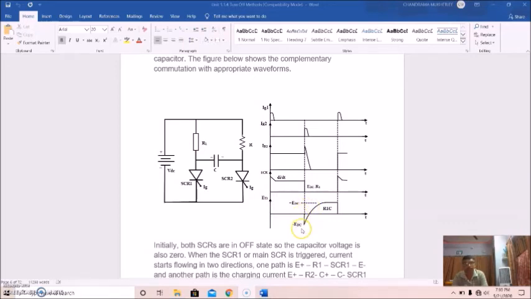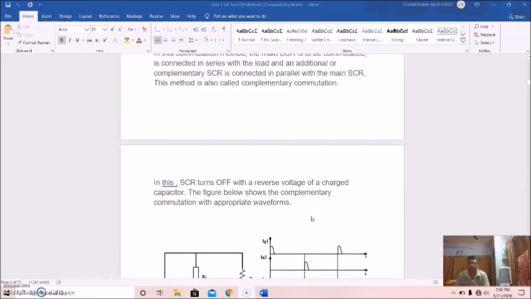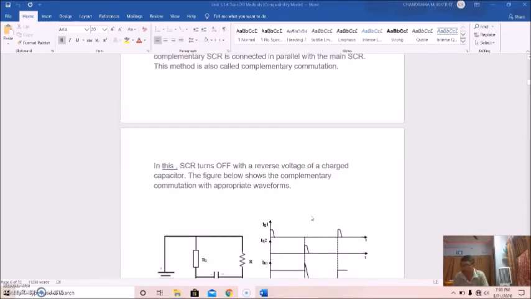Okay, this is the turn-off time. So that's all about your class C commutation. This is used mostly in McMurray-Bedford inverters, and it can be used even below 1 kilohertz frequency.